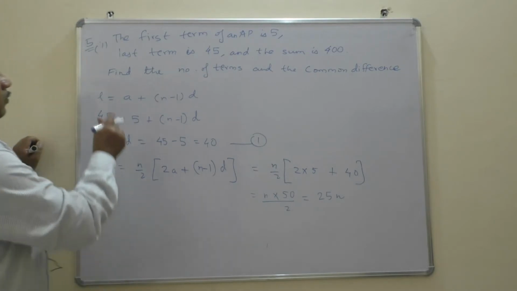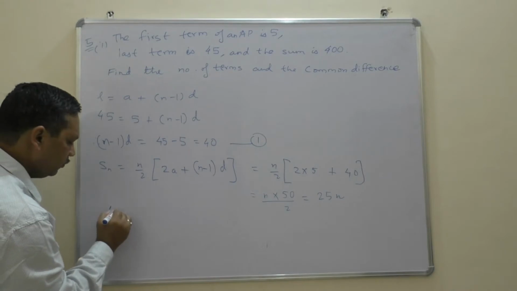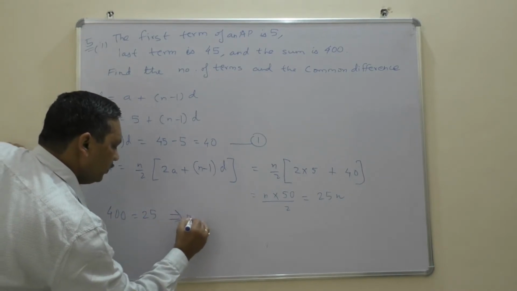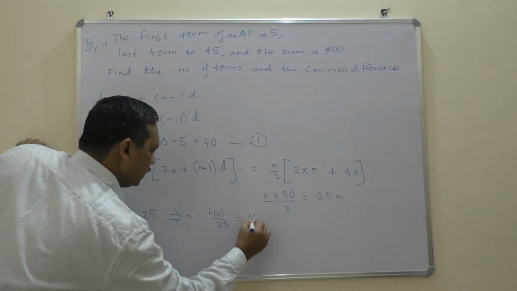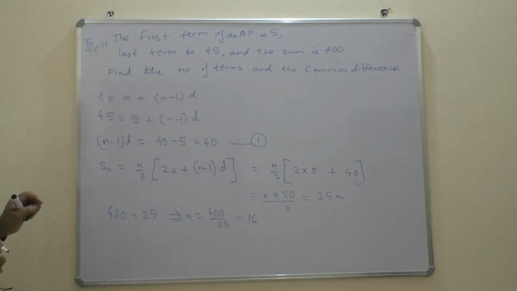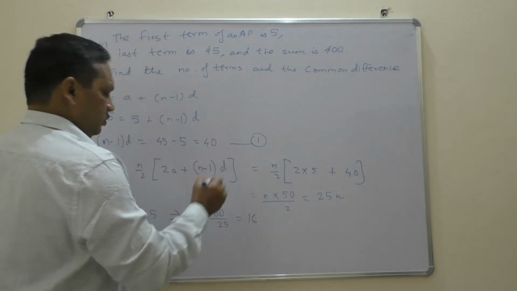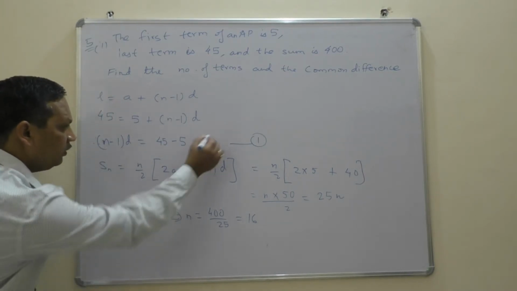Clear? And what is the sum given as? 400. So 400 is equal to 25n. Therefore n will be 400 upon 25, which is 16. Are you getting it? Now n minus 1 d is 40 from equation 1.